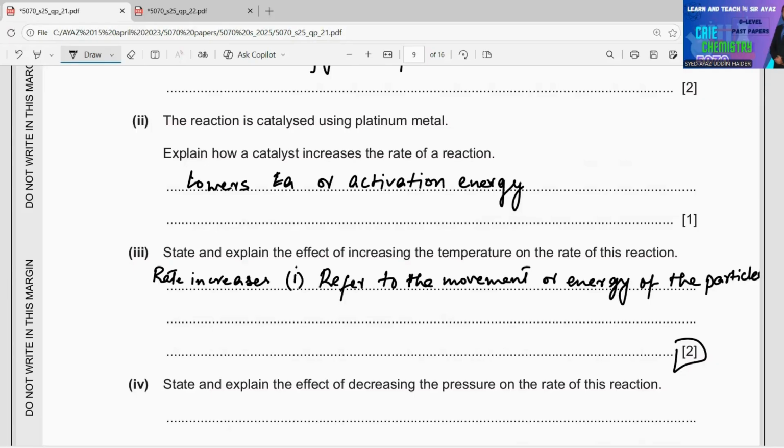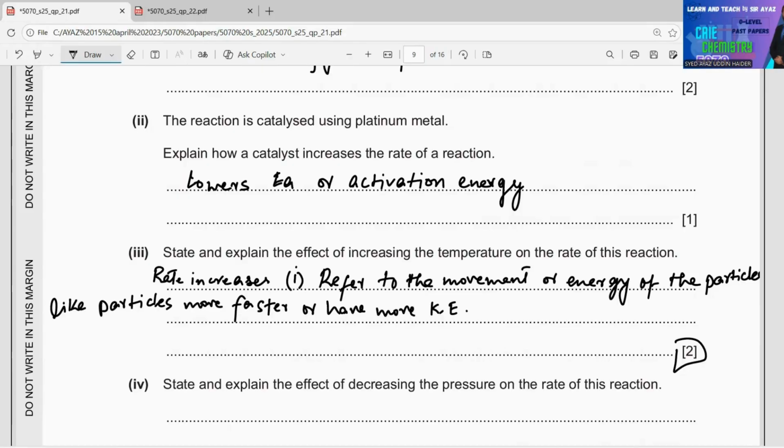Like particles move faster, or have more kinetic energy. So for kinetic energy, you can write KE. So you can write this statement.